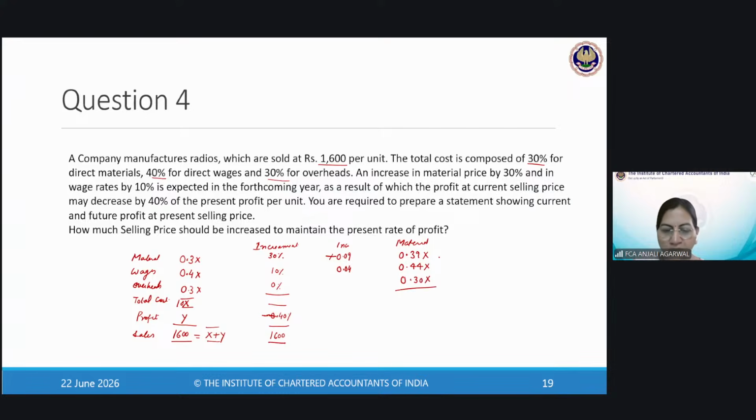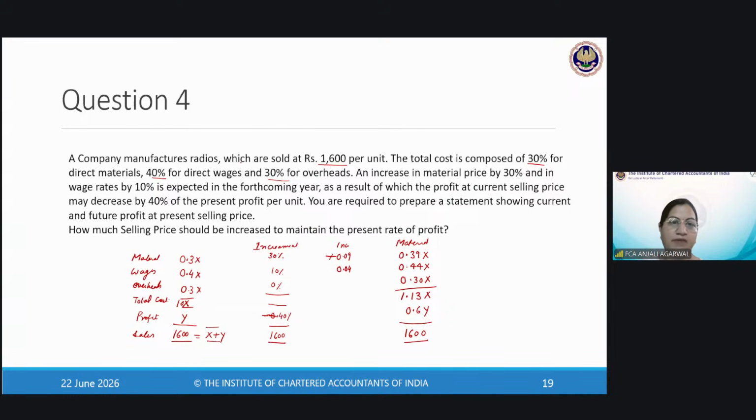Now the total cost becomes 1.13x, profit becomes 0.6y, and the selling price is still the same. Okay.